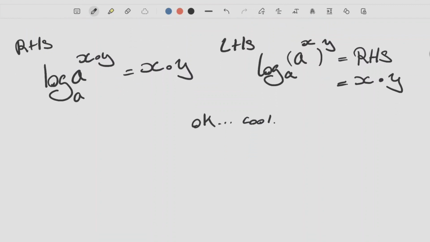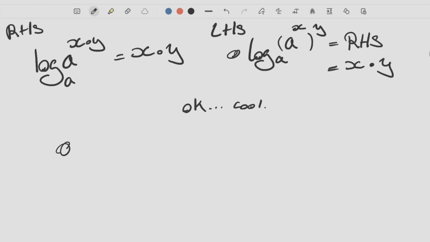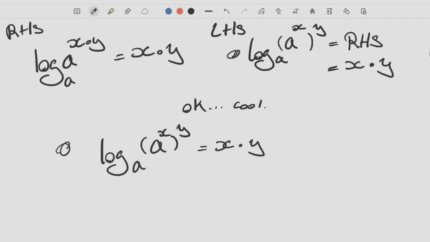We're gonna write that all together, or I was gonna summarize this here just to make it easier to move on. So a raised to x times y is equal to a to the x, to the power of y. Okay.